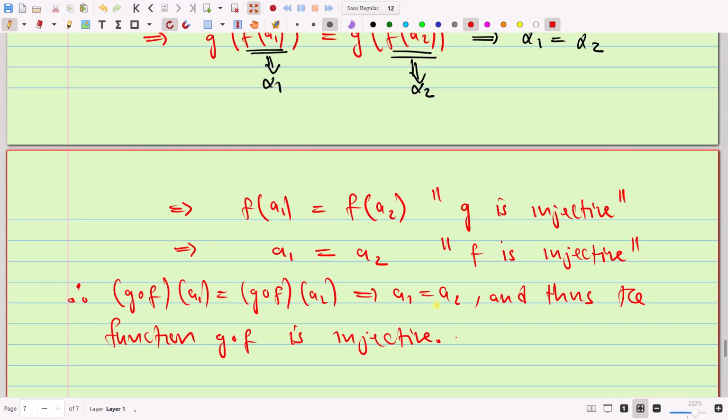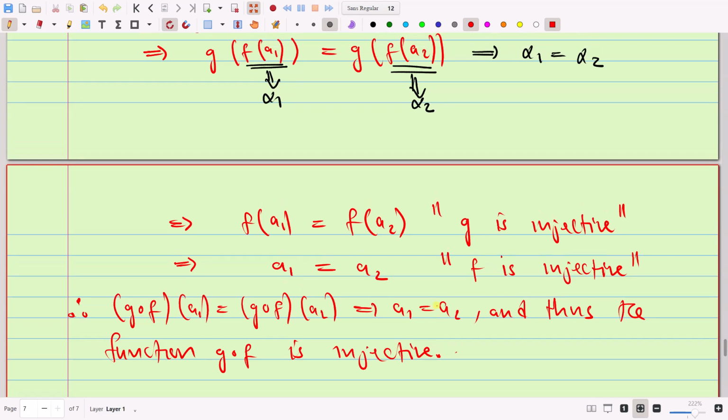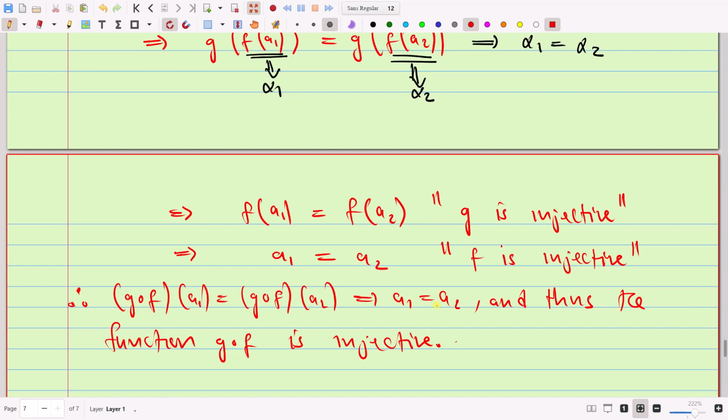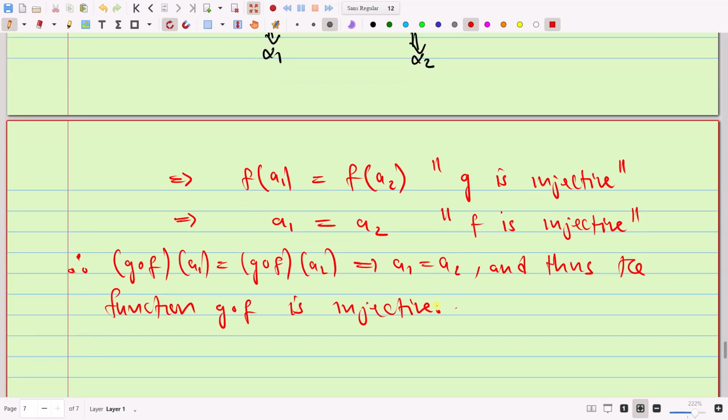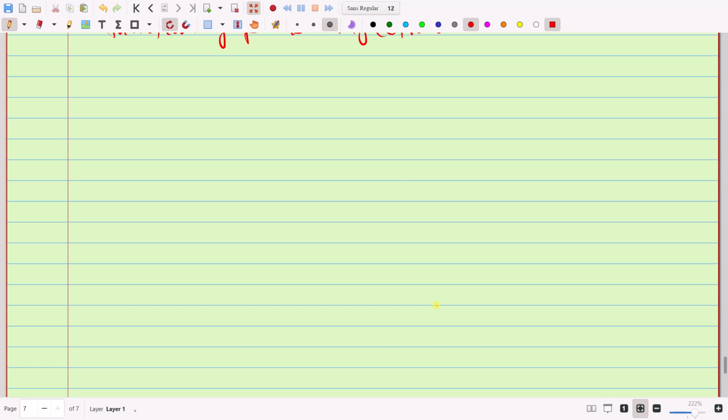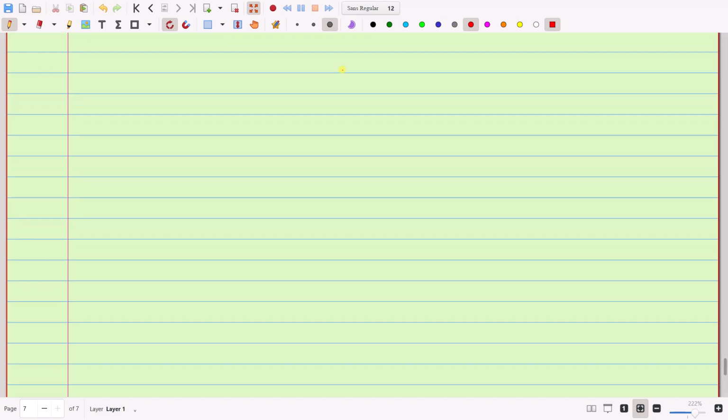You see. So those are things that you must make sure that you understand when it comes to this whole idea of functions. So yeah, that's it about some properties of surjectivity and injectivity.